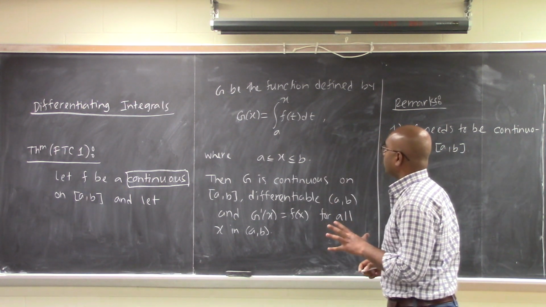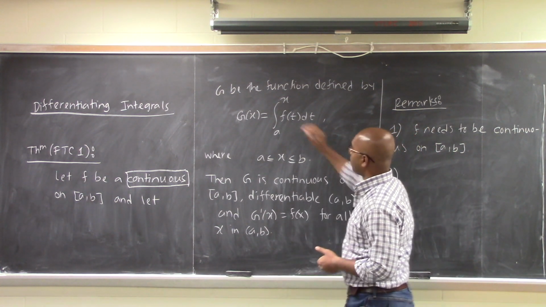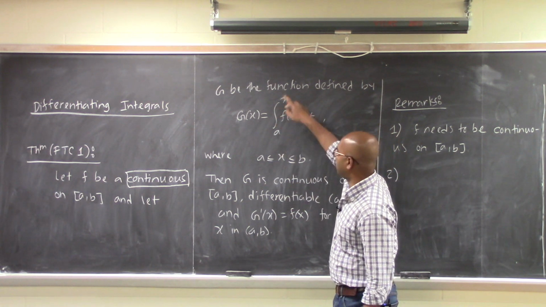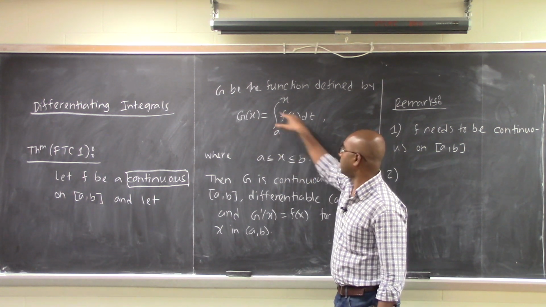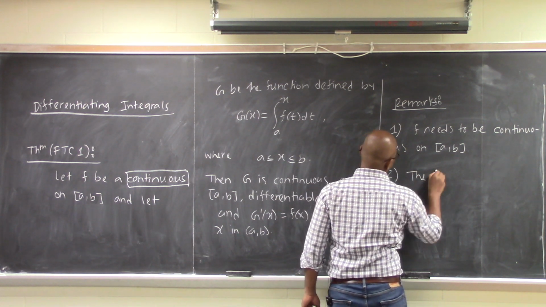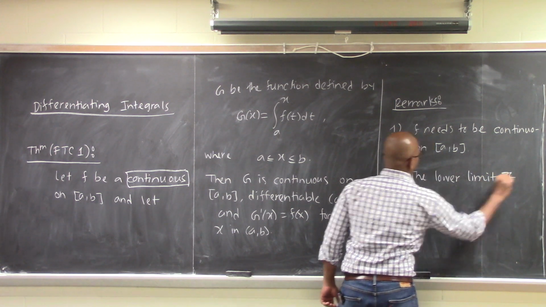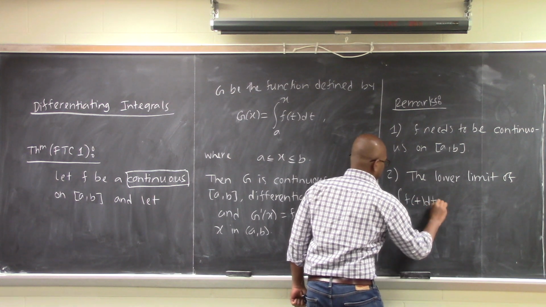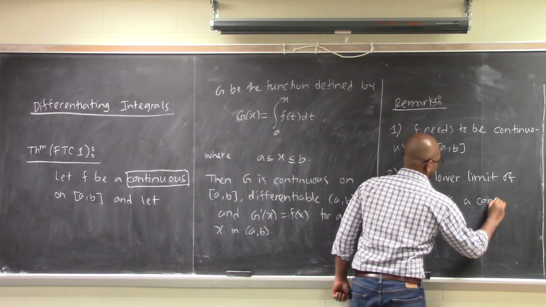So that's one thing. And the next thing is this. Notice when we define this capital G function, at the lower limit of this integration we have a constant, right? So the lower limit of the integration has to be a constant.